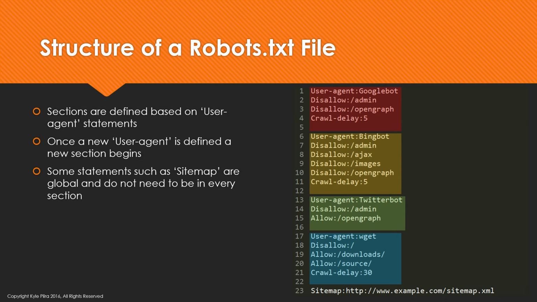If we are getting more than one Wget request per 30 seconds, then there's probably something not quite right going on, since Wget is usually something you only get once because it's downloading a file, which is why we allowed it in these directories and not the whole site. And then at the end here we just have our sitemap, which will apply to all of these should they choose that they want to have access to a sitemap.